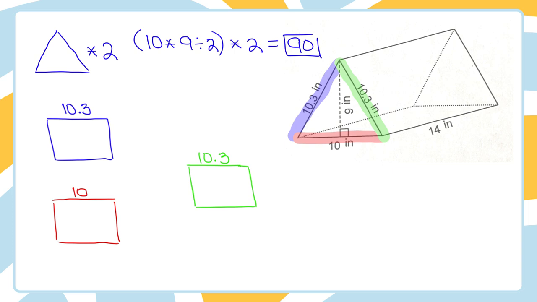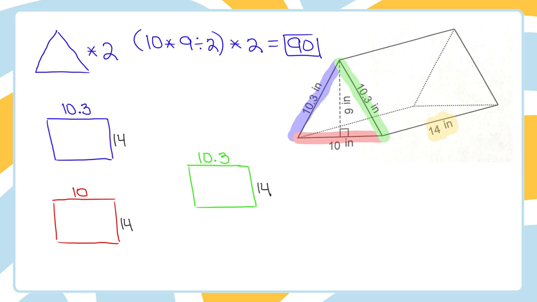No, the 9 is inside the triangle. That's the height of the triangle. 14. The 14. Notice the 14 is how long that rectangle is. All of the rectangles will be that length. So that 14, that number that is not on the triangle, is going to go on every one of those rectangles. They're all the same height. Their bases are what could be different.